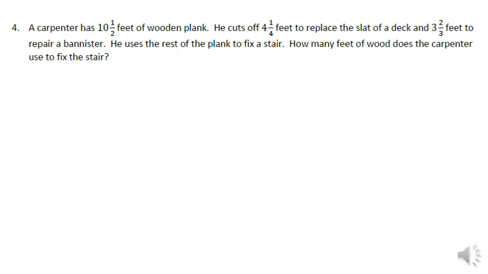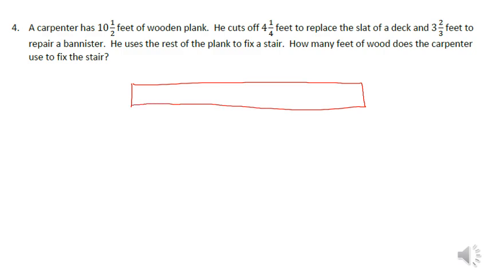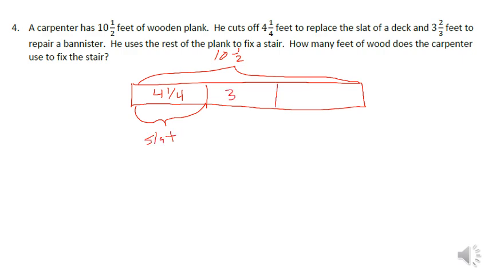A carpenter has 10 1/2 feet of wooden plank. He cuts off 4 1/4 feet to replace a slat on the deck, and 3 2/3 feet to repair a banister. He uses the rest of the plank to fix a stair. How many feet does the carpenter use to fix a stair? So we're going to start off with a tape diagram. The total length of this plank was 10 1/2 feet. It says 4 1/4 feet was used to replace a slat.